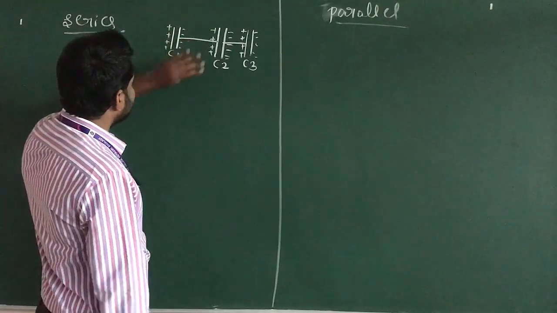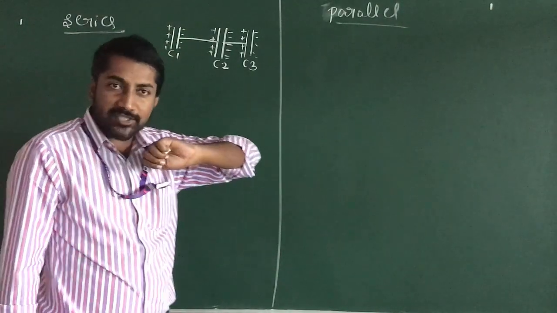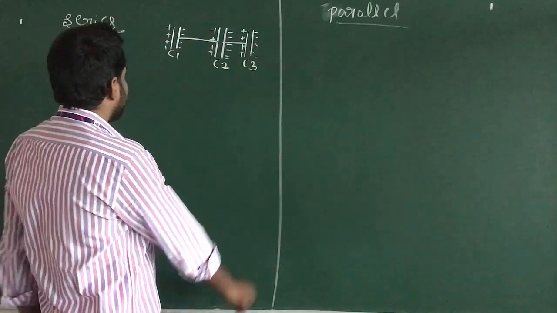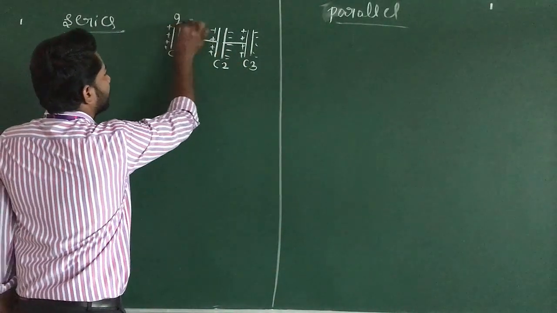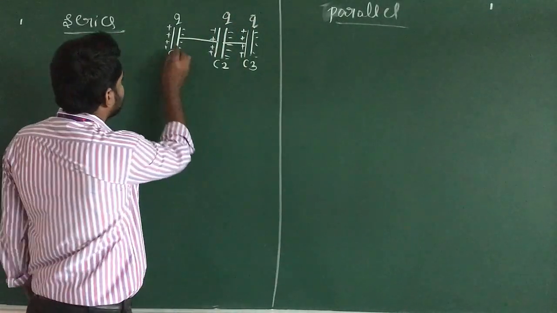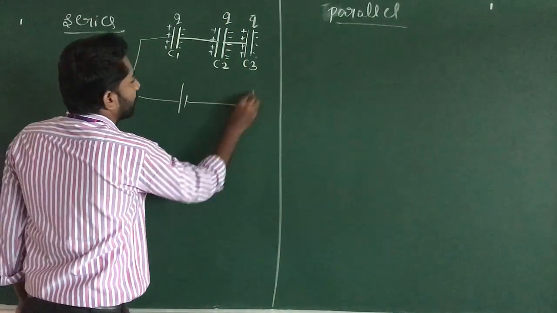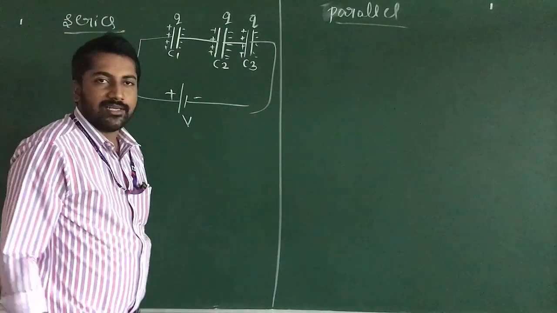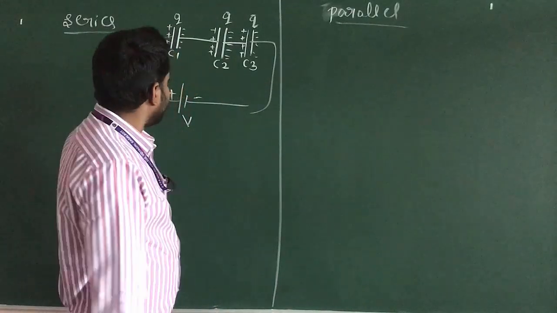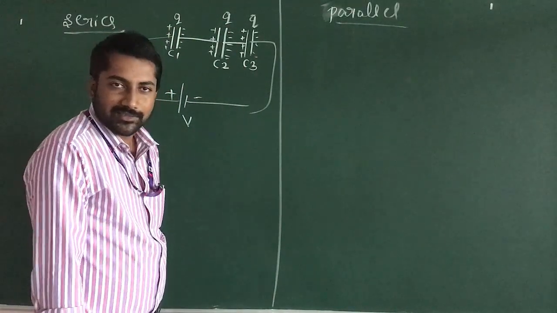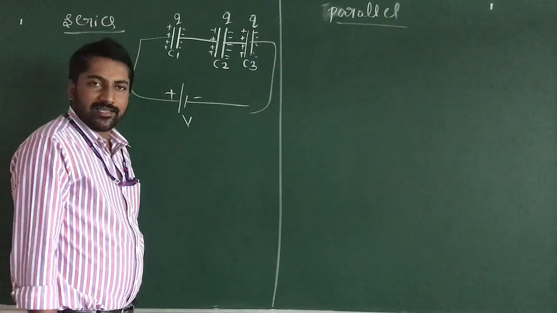Here, in case of series combination, Q is the charge on the capacitor. When you apply a certain potential difference across this series combination, the charge on each capacitor is same.